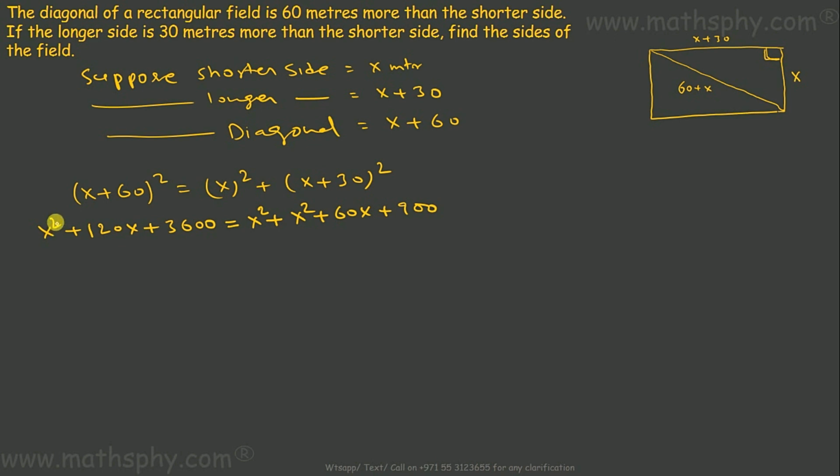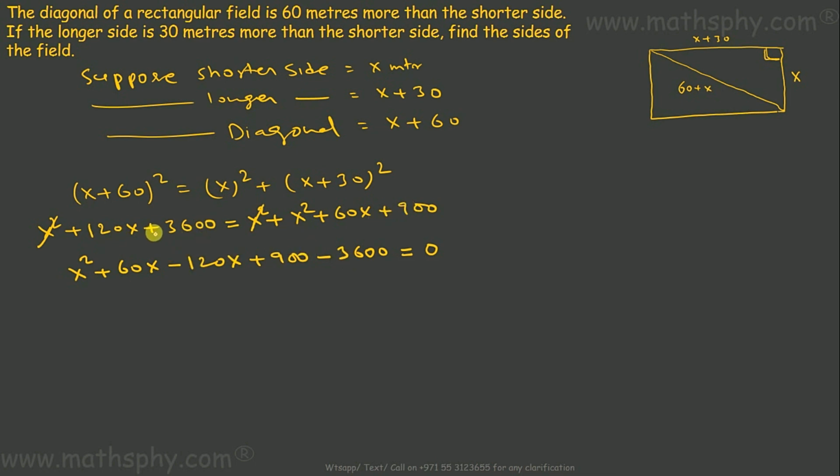So this and this can be cancelled. Opposite sides, same signs. And now I can write this as x² + 60x − 120x + 900 − 3600 = 0.